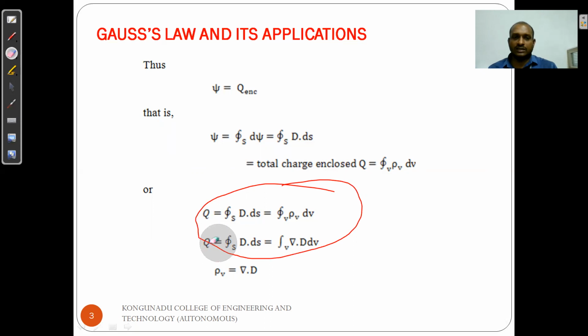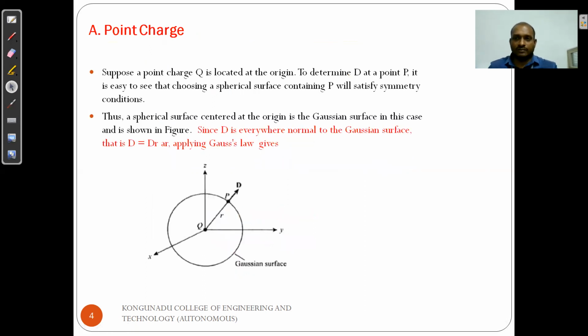With the help of Gauss law, we are able to calculate the electric flux density under different conditions for different Gaussian surfaces. First, we take a point charge. It is a spherical Gaussian surface satisfying the symmetry conditions. So D is equal to Dr into ar.